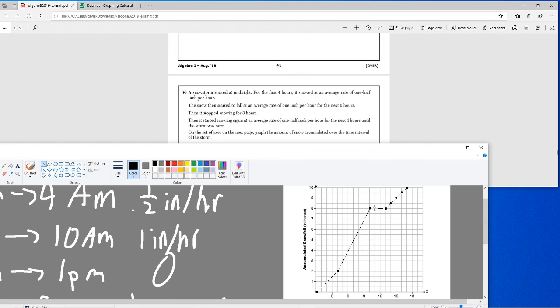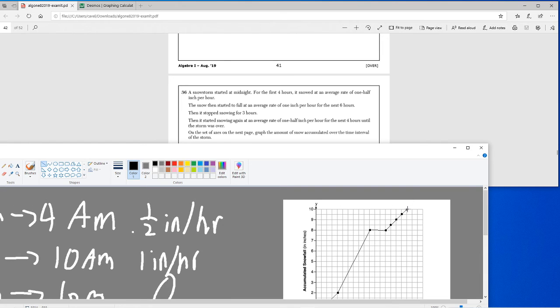Then it stops for 3 hours, so it's stagnant here. That's why you have a horizontal line; there's no slope. And then it started snowing again at an average rate of 1/2 inch per hour for the next 4 hours. So basically, it's 1 inch every 2 hours.